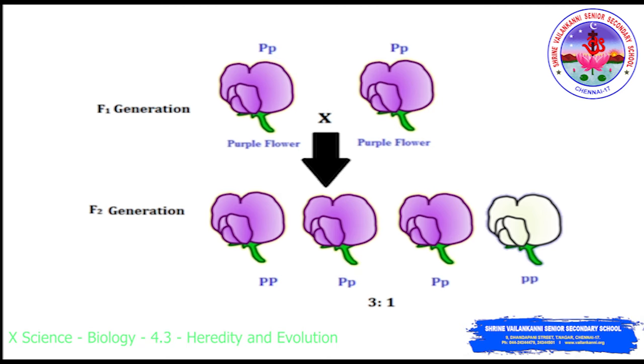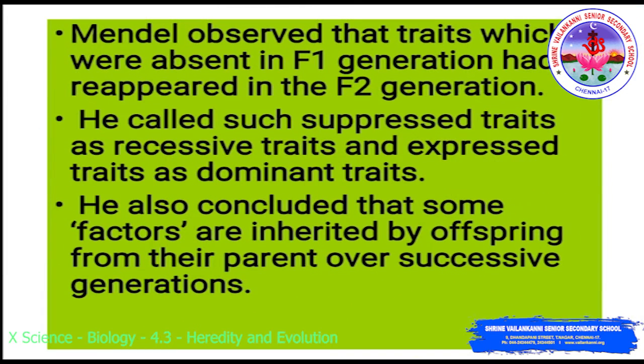This hidden character is expressed in the F2 generation. We call that the recessive gene. The hidden gene we call recessive, whereas the expressed gene we call dominant. Mendel observed that traits which were absent in the F1 generation reappeared in the F2 generation.